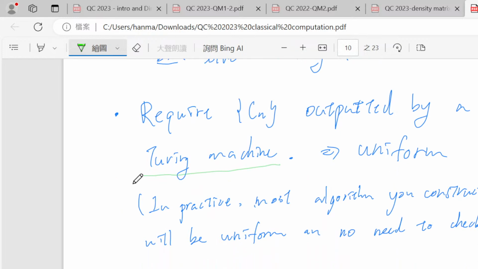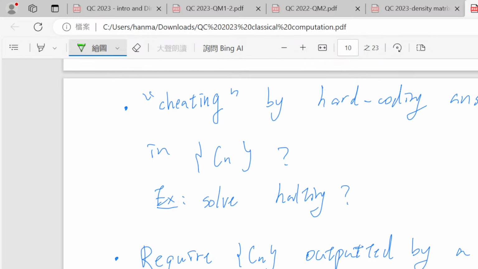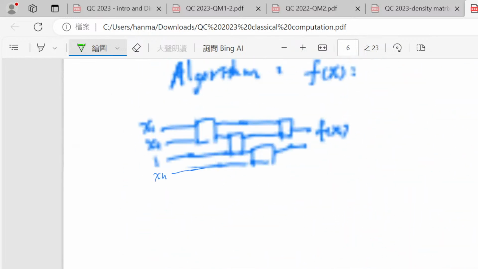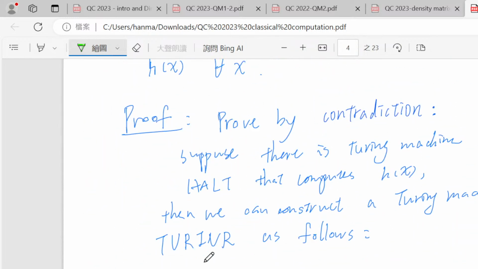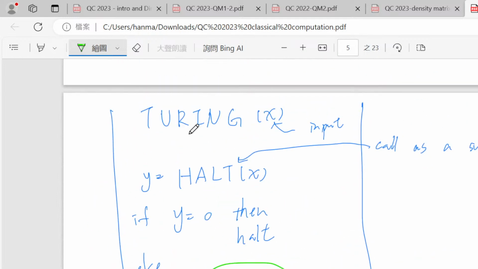This is a bit of a concern that we sometimes encounter theoretically, but I believe in this course we will not really see it. Most of the time, the circuit you think about, if you can write it in pseudocode like this, then it's computable, it's uniform.